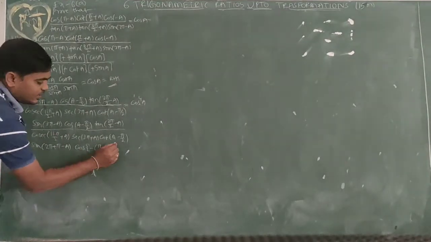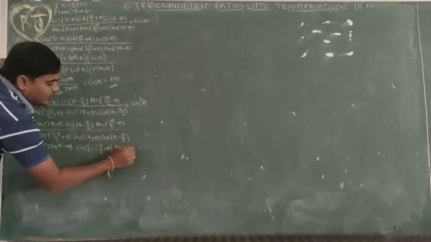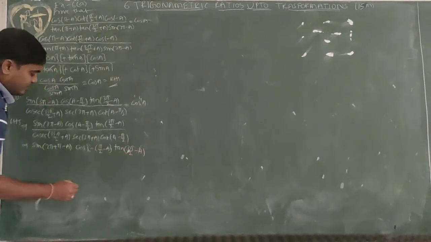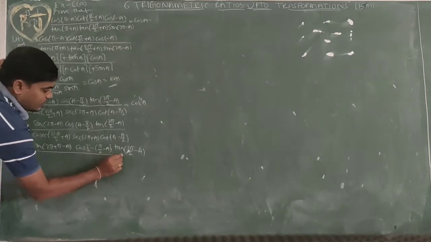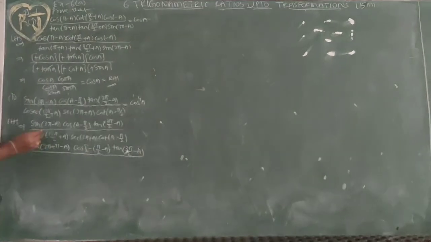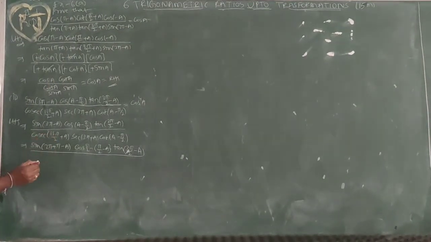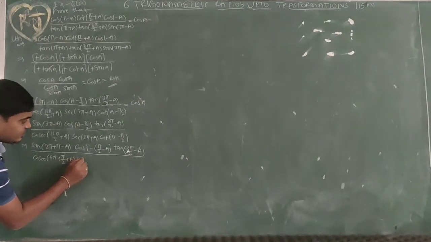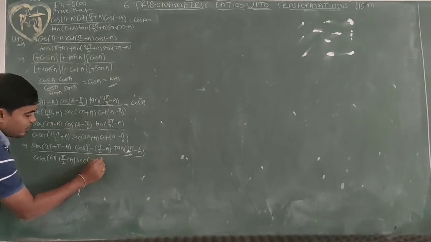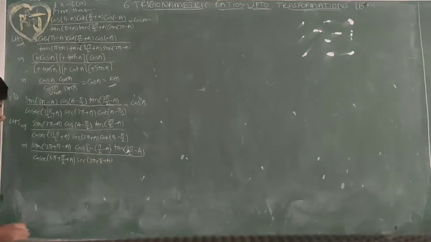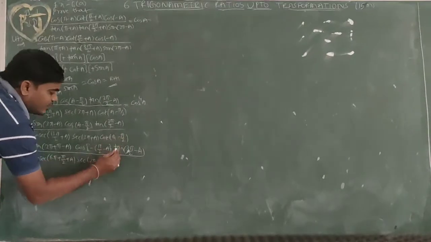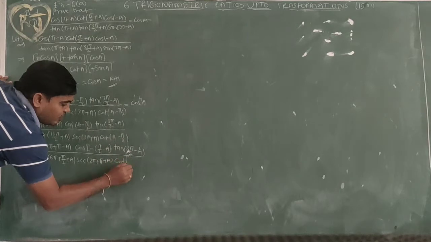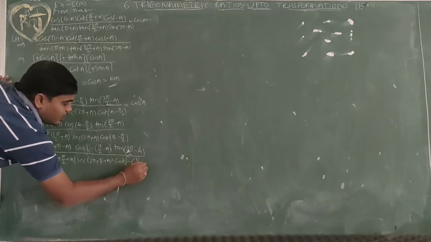Next, tan (3 pi by 2 minus a) by, so 13 pi by 2, 13 by 2 is 6.5, so cosec (6 pi plus pi by 2 plus a). Sec (2 pi plus pi plus a). Next, I am taking minus common in this, cot of minus of (pi by 2 minus a).